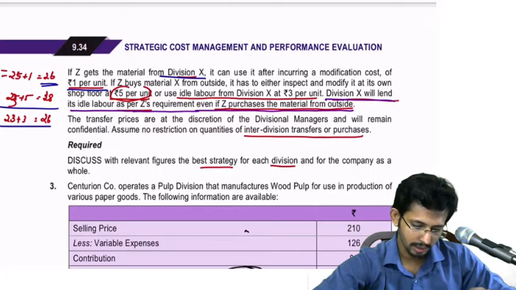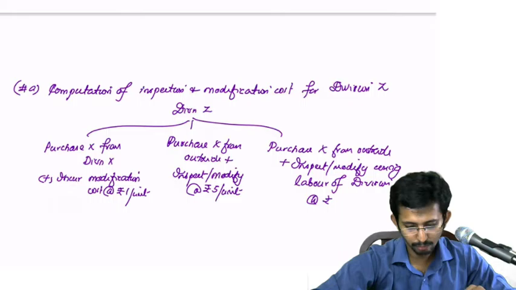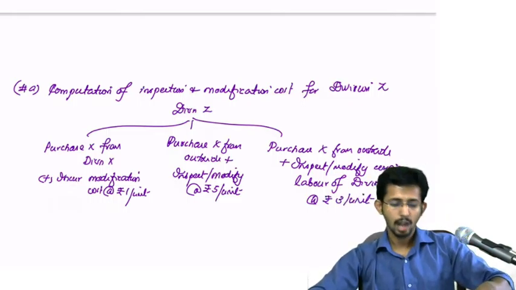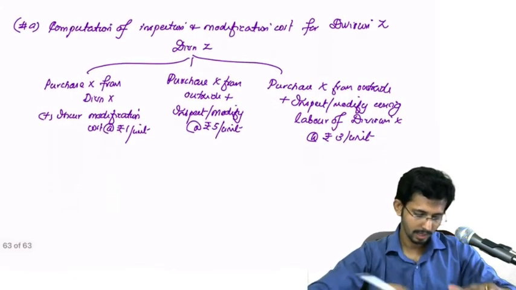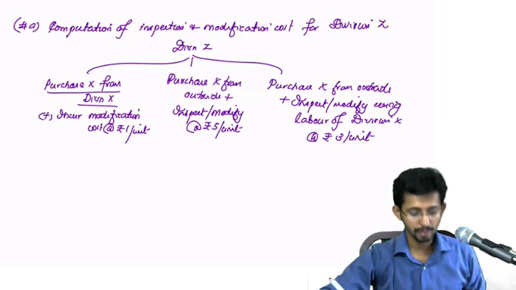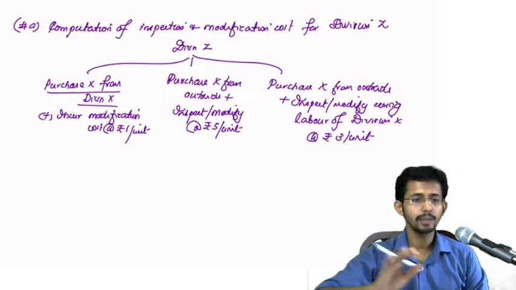What is the cost? The cost will be rupees 3 per unit. Now tell me, out of these three options, this is an option to be considered, whether it is to be purchased from division X or not. That we will evaluate later.